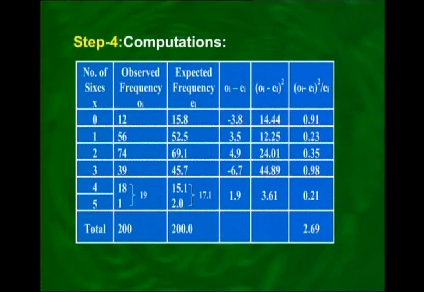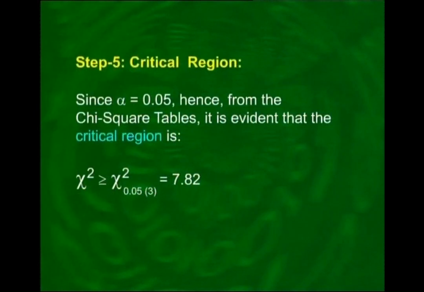Students, as you know, the fifth step is the determination of the critical region, and I would like to point out that the underlying mathematics of this test is such that it should always be a right-tailed test. Therefore, looking at the chi-square table, under 0.05 against 3 degrees of freedom, we obtain, as you now see on the screen, the critical value 7.82.